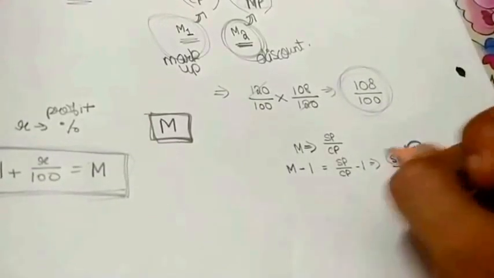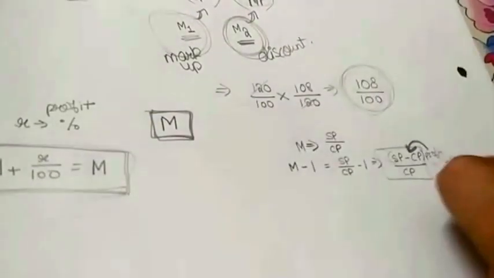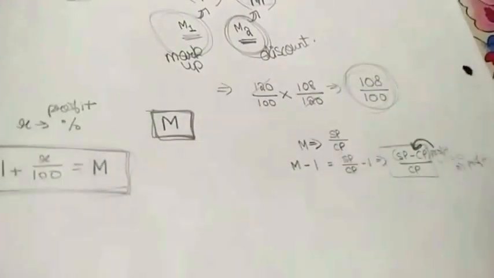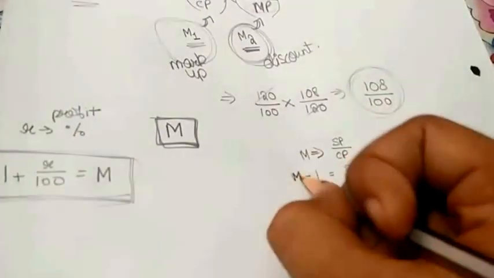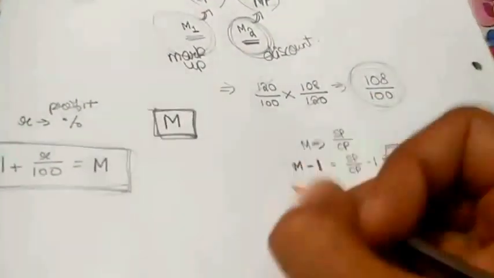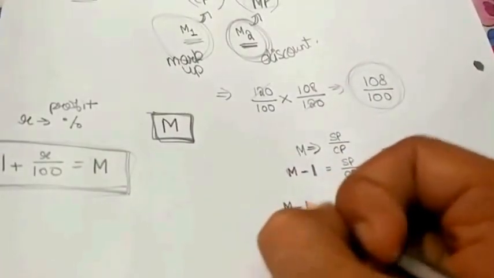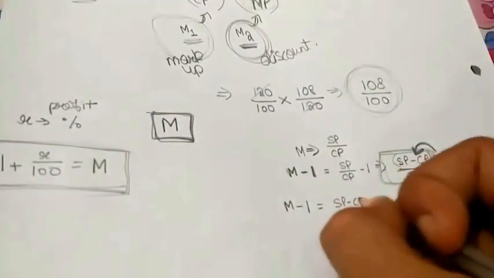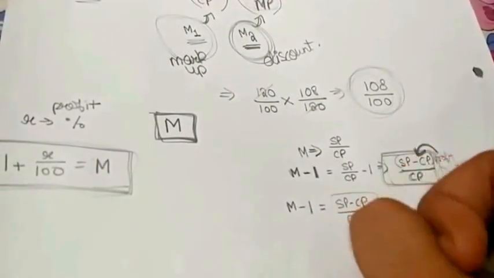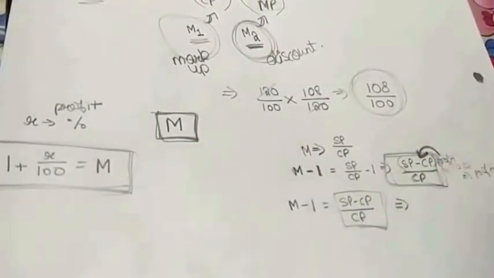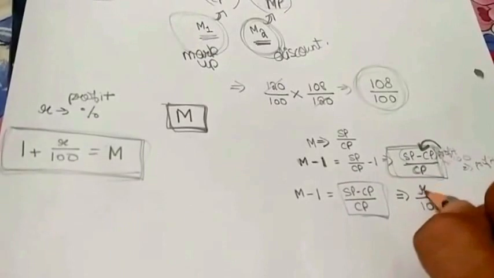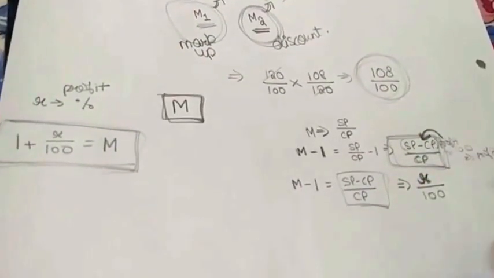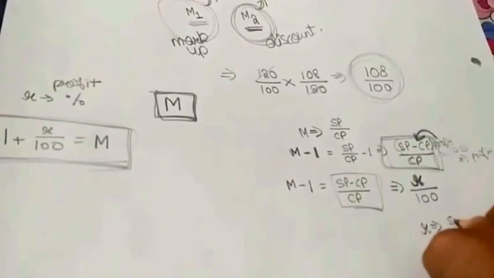This term is the profit, and when you multiply it by 100 you get the profit percentage, right? So M minus 1 is equal to SP minus CP upon CP, and this term is actually equal to R divided by 100, because R is the profit percentage, which was equal to SP minus CP upon CP into 100.